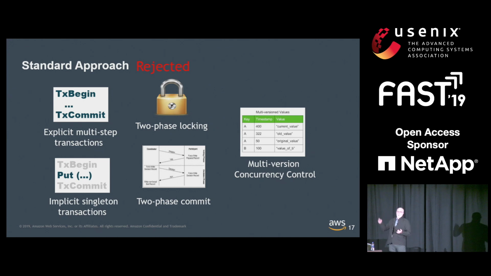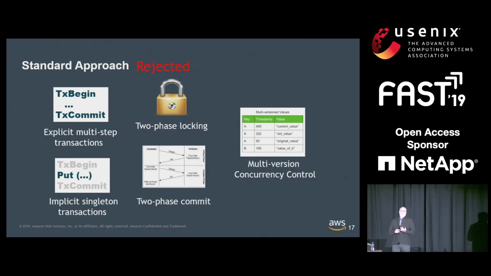I didn't want to take individual operations and just routinely run them through the transaction protocol because that's going to add performance overheads and have an impact on customers who don't care about transactions. So that's not a good idea. Two-phase locking introduces concerns about deadlock and starvation, which in turn introduces concerns about availability and violation of SLAs.